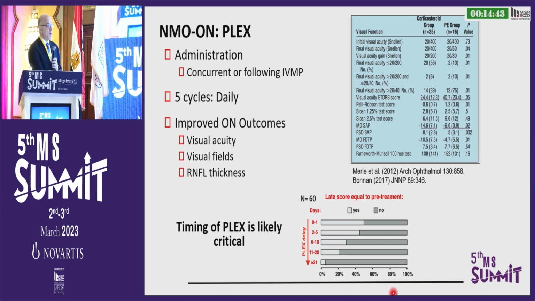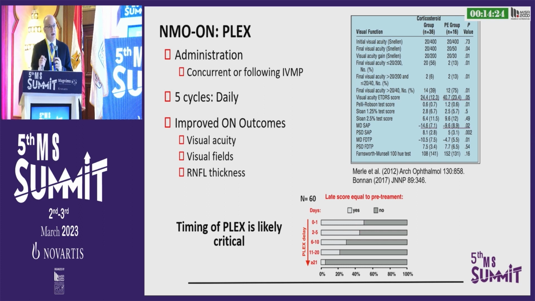What's important to note about all this is that plasma exchange has to be done early. There's a tipping point roughly at about 5 days after onset of vision loss where the efficacy of plasma exchange is lost compared to when it's given initially.